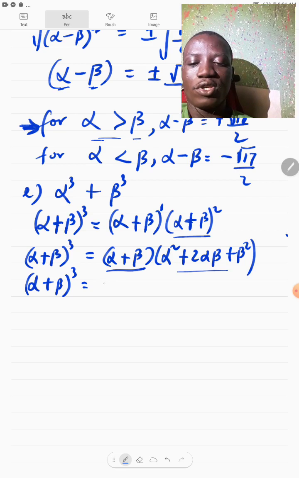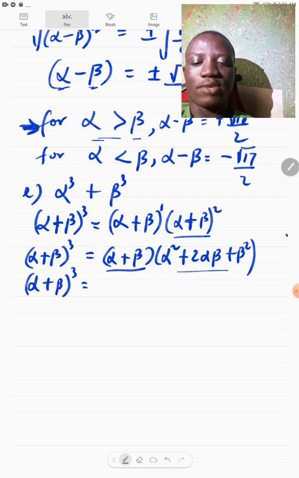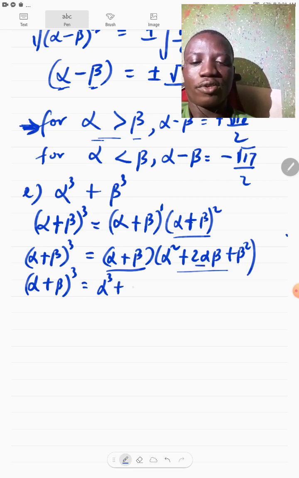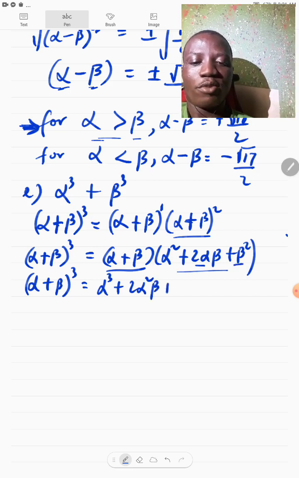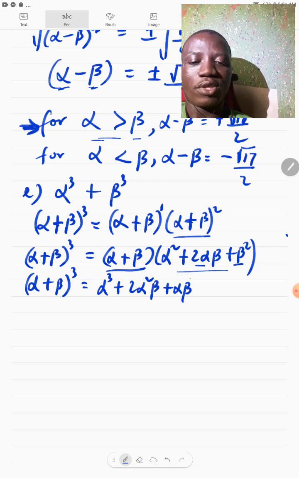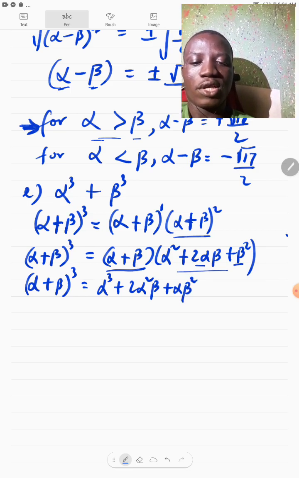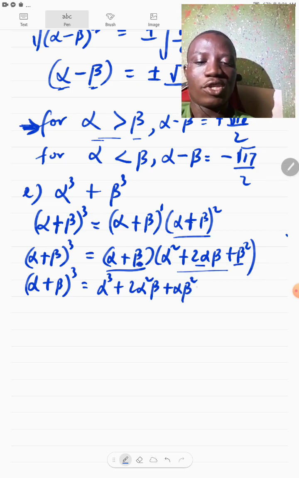So that will be alpha times alpha square, alpha cube, alpha times this, plus 2 alpha square beta, alpha times this, that will be plus alpha beta square. So now it's our turn to use beta to expand.